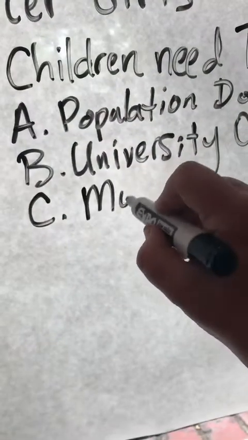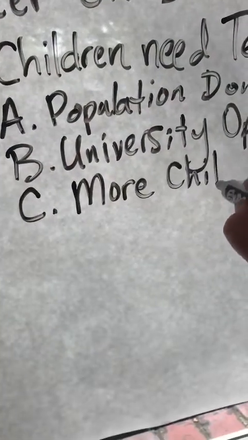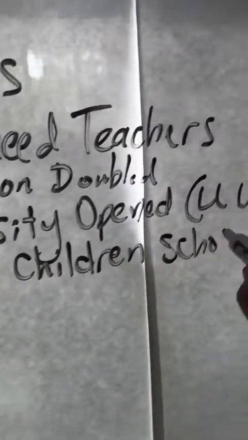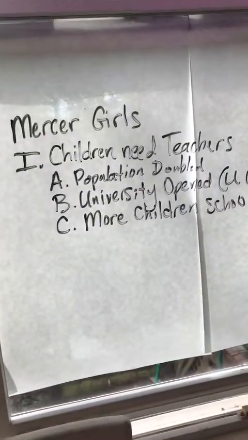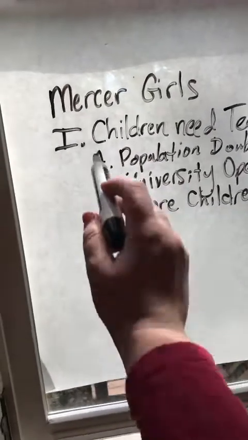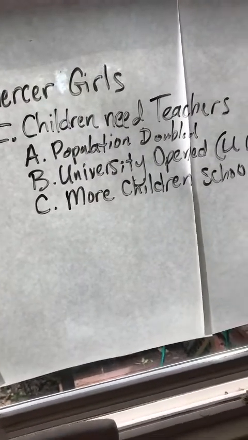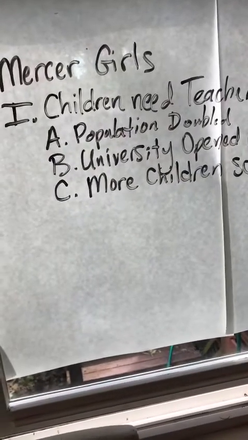So we would just say more children school age. Okay, so now I have some good information there that I can use. I didn't put any details under A, B, or C, but I might choose to add them later. You can always leave a little space for them so that you can add those later.